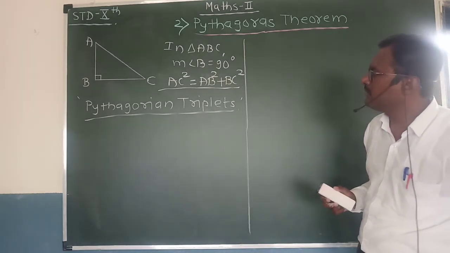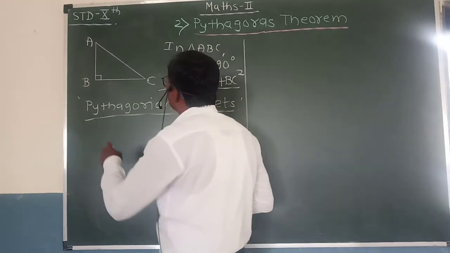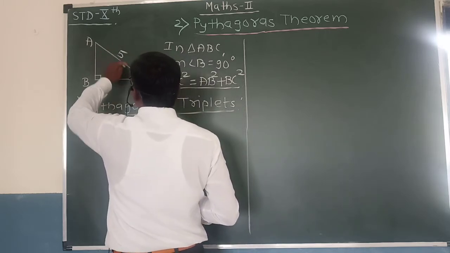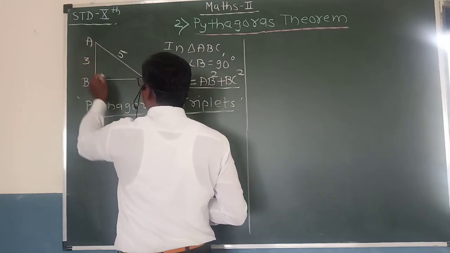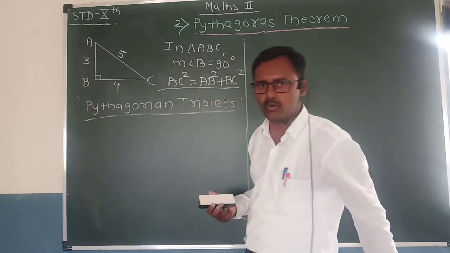Suppose we have the side AC equal to 5, AB equal to 3 and BC equal to 4.